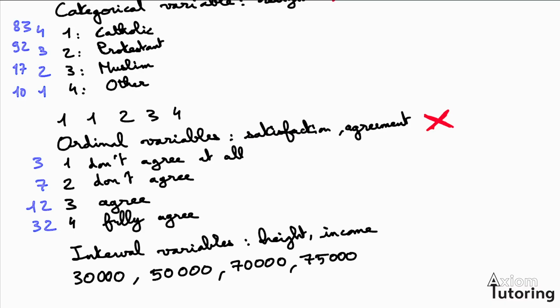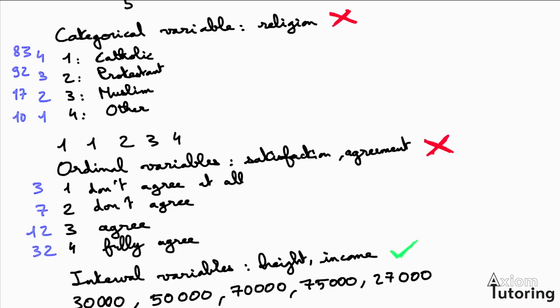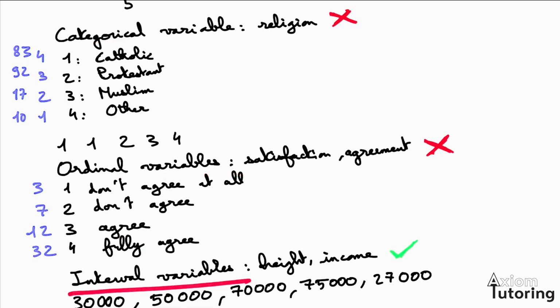You have the different observations of people earning different values. Then you could calculate the mean. You just add them up and divide by the number of observations. So the only type of variables that you can use would be interval variables. Categorical variables, no. Ordinal variables, no. Interval variables, yes, when calculating the sample mean.